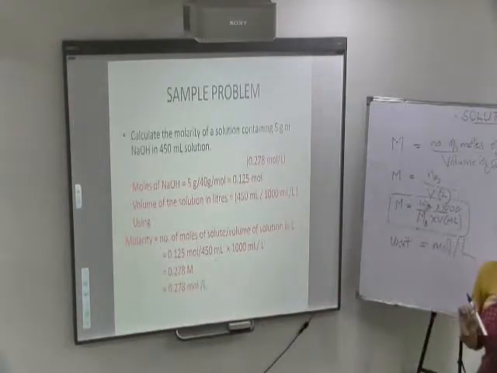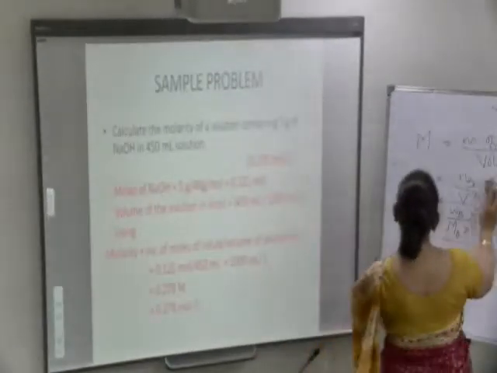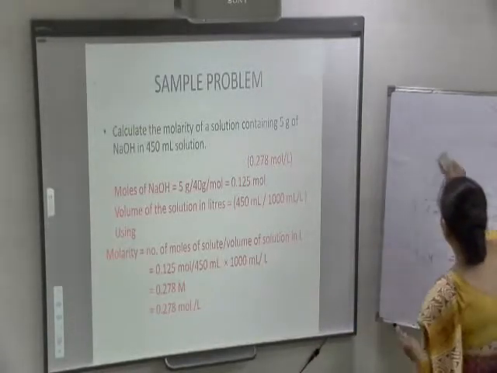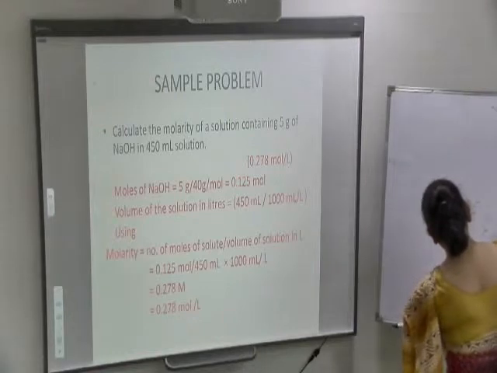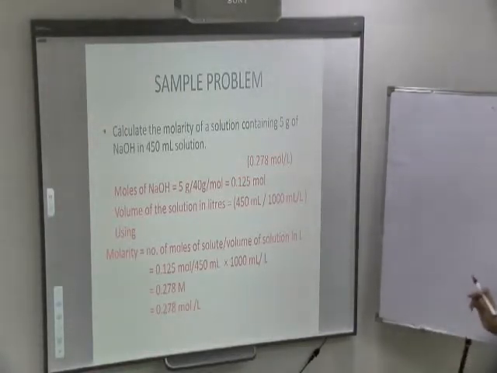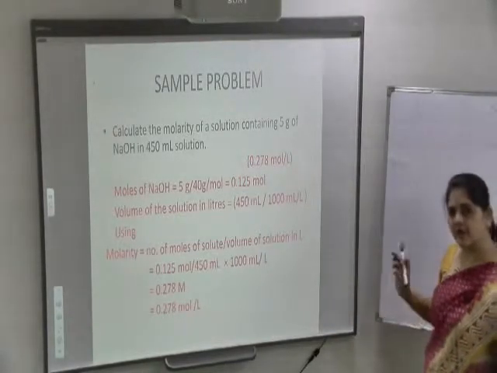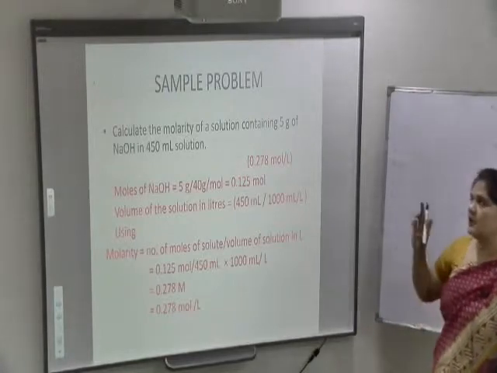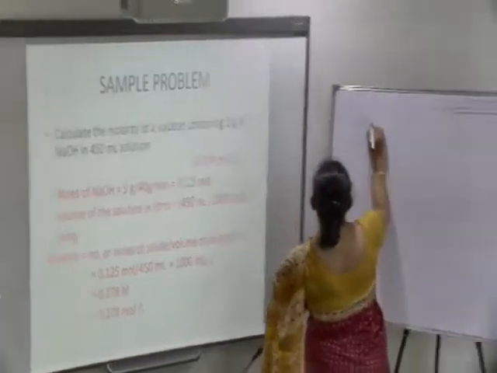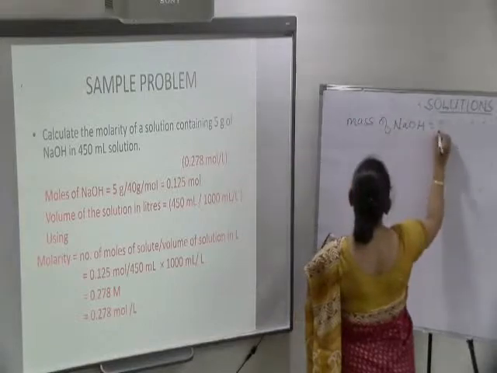I'm just picking up one sample problem before I go to the next method so that you are more clear with this particular term, method of expressing concentration. If you see the numerical which is given over there, it says calculate the molarity of a solution containing 5 gram of NaOH in 450 ml of the solution. 5 gram of NaOH means it is the given mass of NaOH, which is 5 grams.